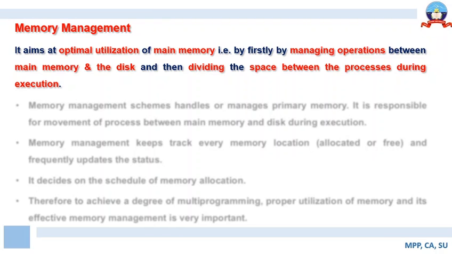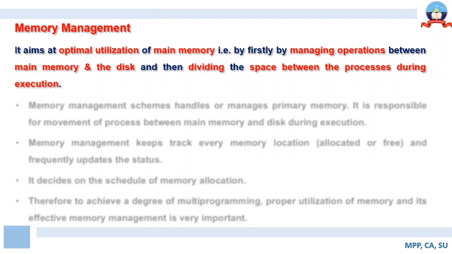Firstly, managing operations between main memory and the disk, because there has to be a mechanism in place that brings the processes that are to be executed from the secondary memory to the main memory during the course of process execution. The other is dividing the space, that is the main memory, between the various processes during the course of execution.